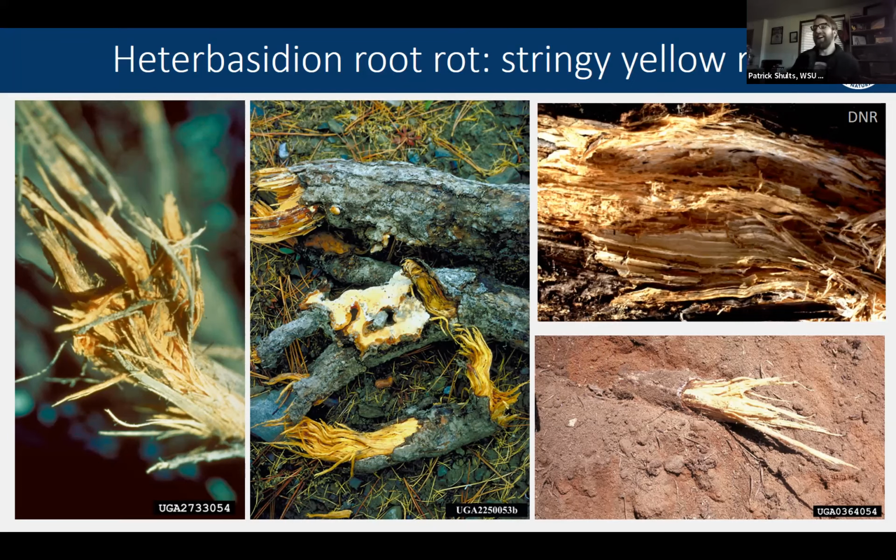Another question: if trees are dying from root rot, does it affect the trunk and branches if harvested? Basically, she's asking if the logs from infected trees could be usable for timber. They can be. You might lose the bottom few feet if the rot moves up.